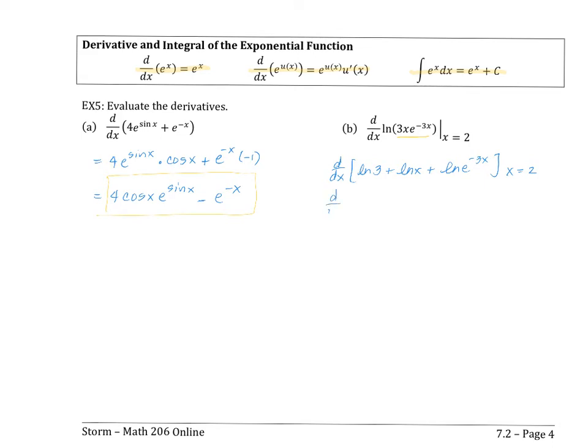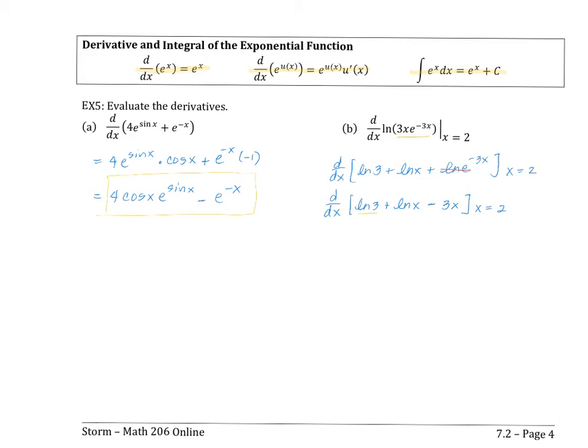So simplifying, this is the natural log of 3 plus the natural log of x minus 3x. Right? Because of our property. So when we take the derivative here of the natural log of 3, remember that's just a constant number.